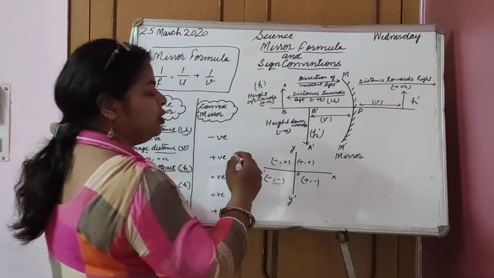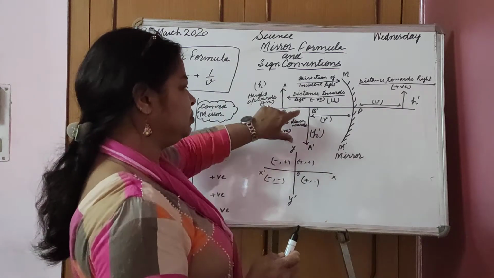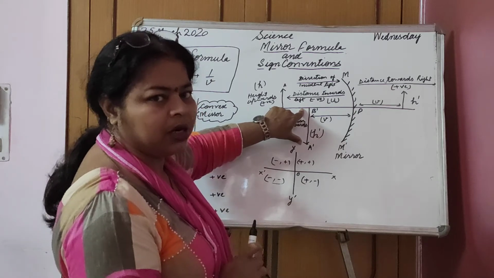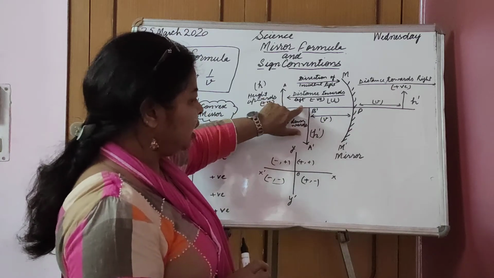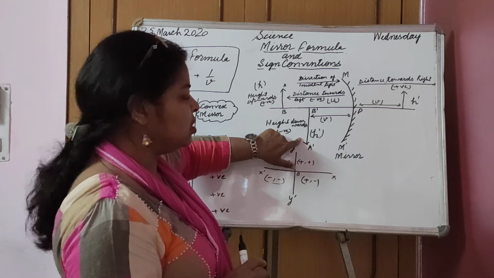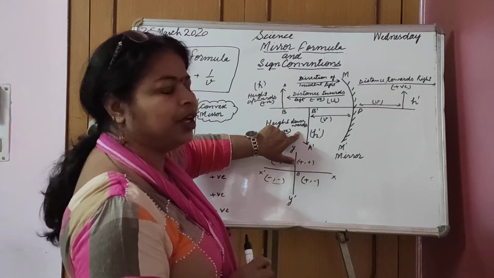If we talk about the height of the image formed, in real and inverted conditions in a concave mirror, in 5 cases the image is formed on the downside of the principal axis. So h dash is the notation for the height of the image.